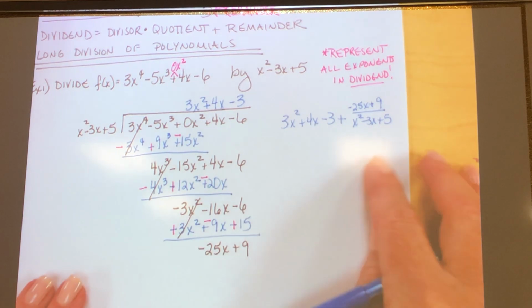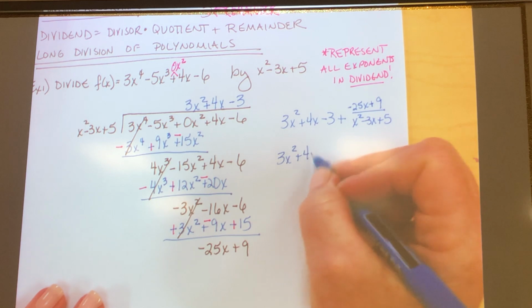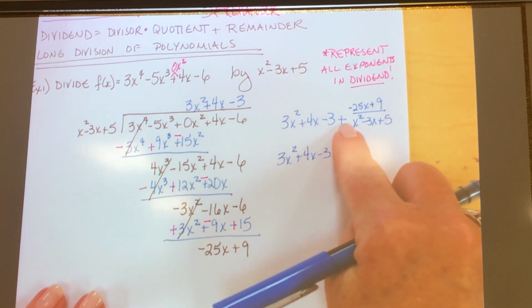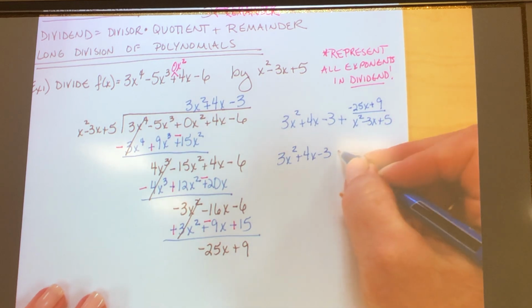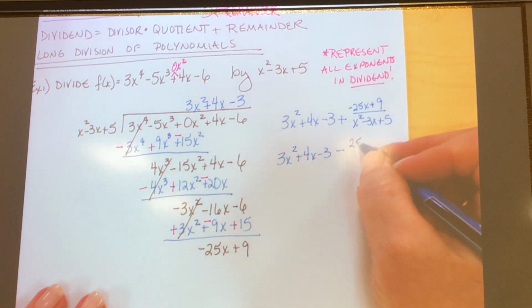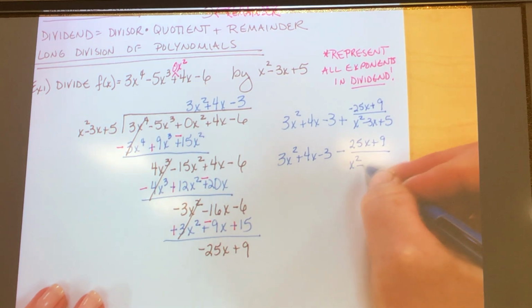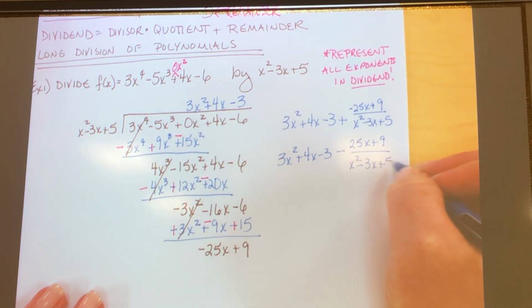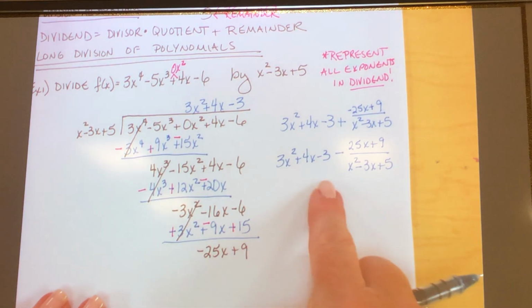Now, here's my question. For all those kids out there that don't like this sign and this sign right beside each other, can I do this? Yes. Because it's a plus and negative. Wait, no. Well, no. Is this right?